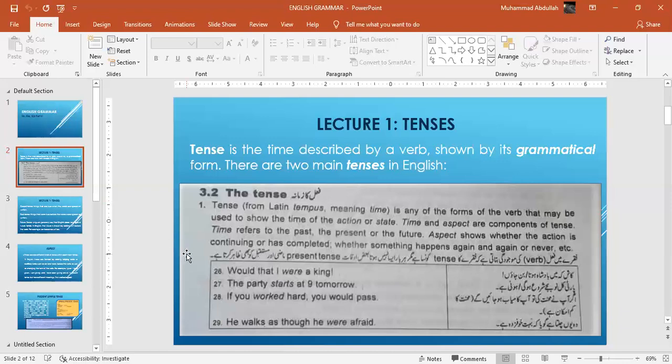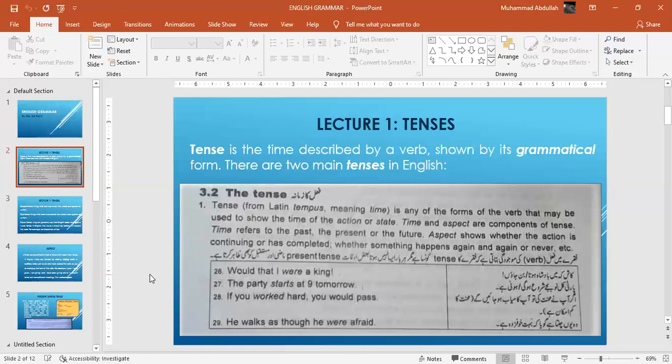Here we can discuss something else that is related to it, and that will make your concept of tenses more clear. We find a few sentences, right, which don't have the present form of verb, but they are included in present tense, like: would that I were a king.